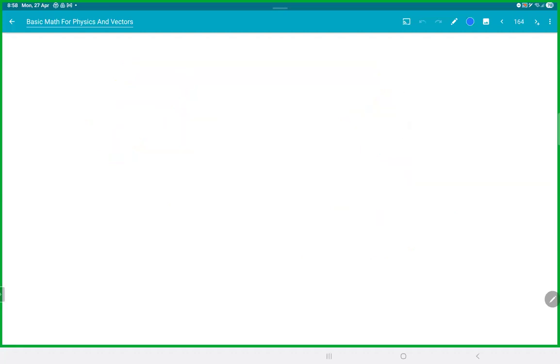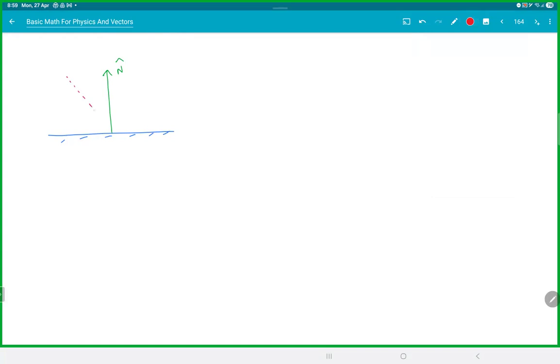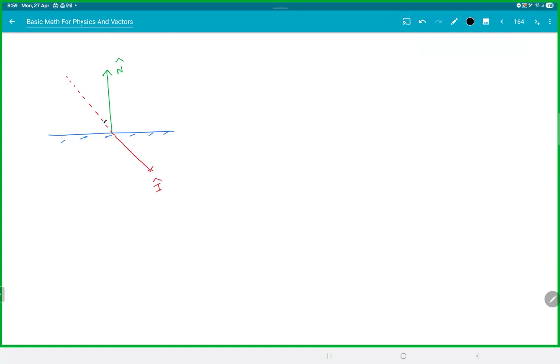Then again, coming back to the picture, let's do a little more there. So this was your n cap. Remember, this was your I cap, so I will push it forward. So this is your I cap. This was your angle theta.